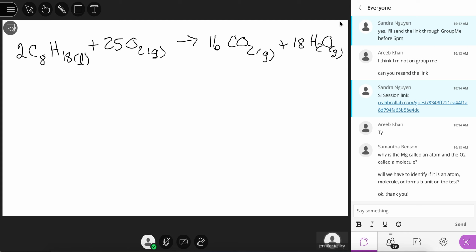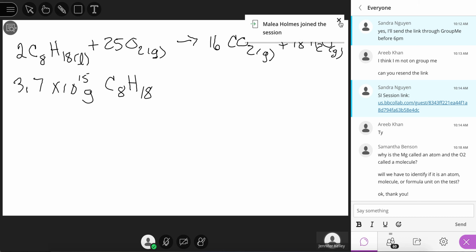So we're going to start off with a balanced one and just kind of go through an example. So let's say we have 3.7 times 10 to the 15th grams of C8H18, so octane, and we want to know how much carbon dioxide is produced.